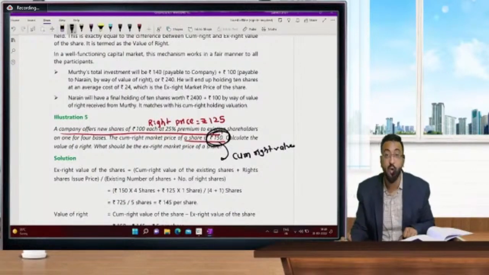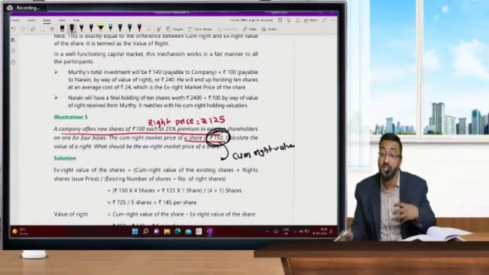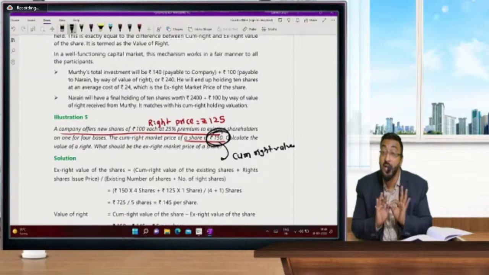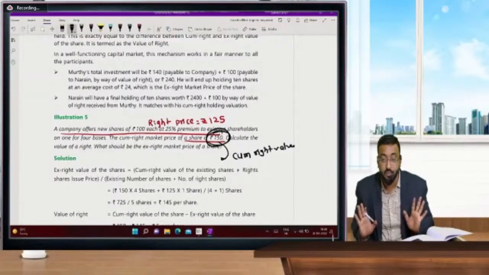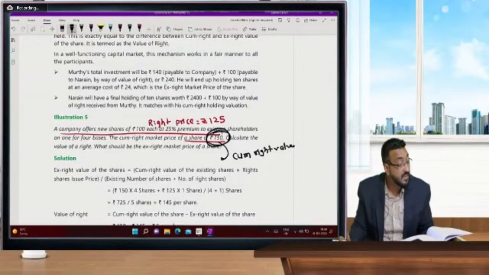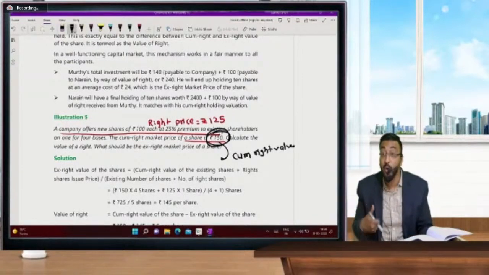Everyone got the concept? Cum right price means the price which is before the declaration of the right issue. So we have not announced any news in the market. We have not issued right shares. So before the right issue, whatever the price is, is called the cum right price. Cum right means including right.